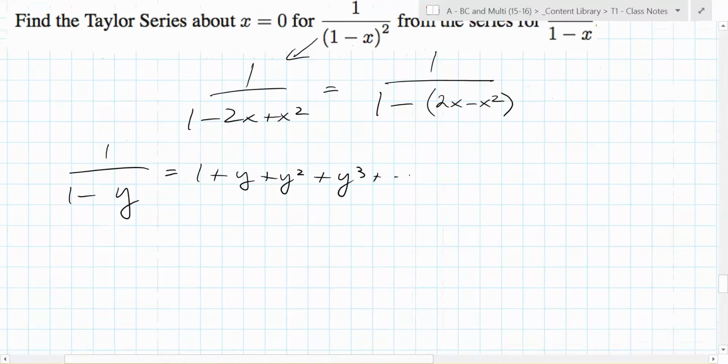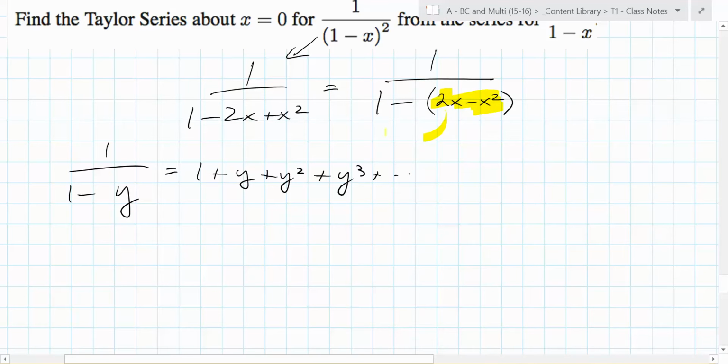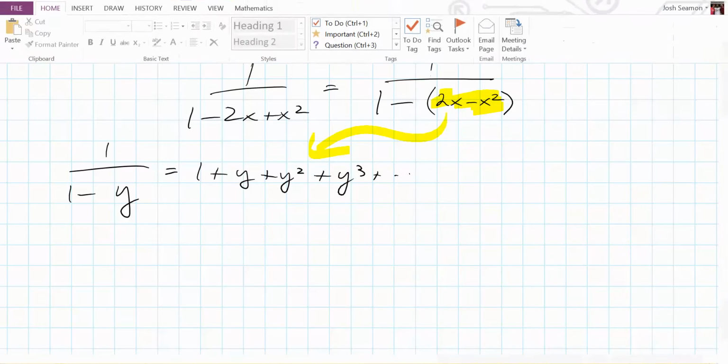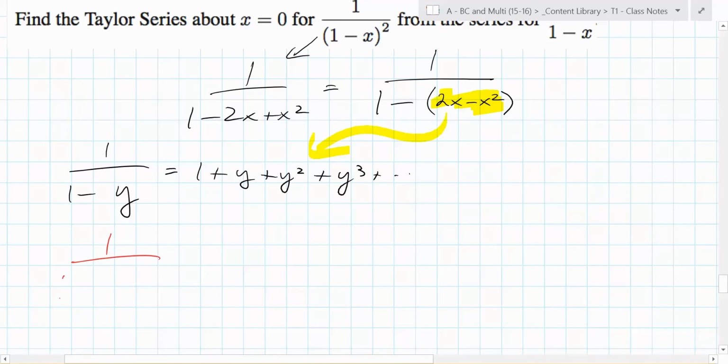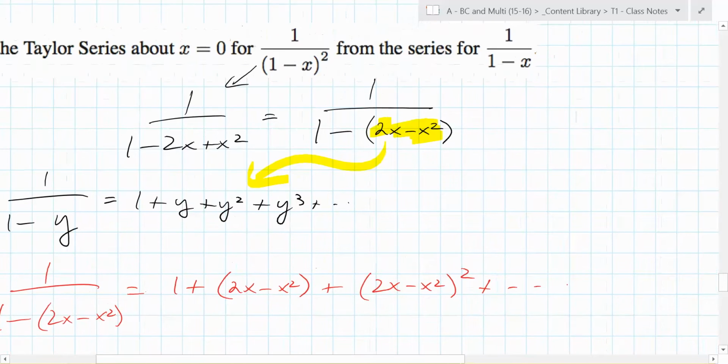So where do you plug this in? You can just take this right there and plug it in right there. So you end up with 1 over 1 minus 2x minus x squared is equal to 1 plus 2x minus x squared plus 2x minus x squared squared, and so forth. Like that? Absolutely.